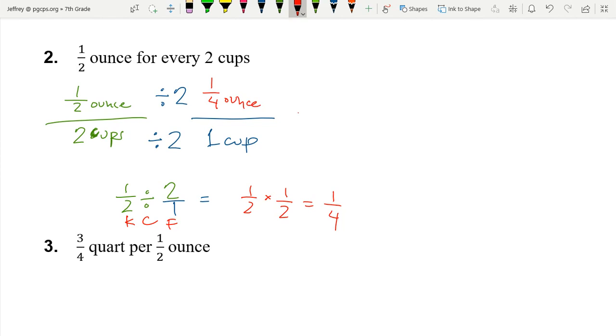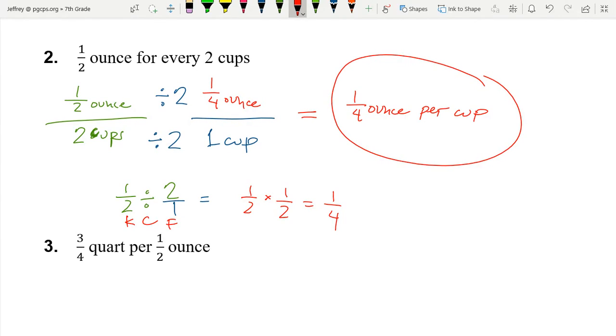So our answer, if it's written in a sentence, would be 1/4 ounce per cup. So don't get confused. We're actually just dividing 1/2 and 2 to get the unit rate of 1 cup. Okay, so review this process.